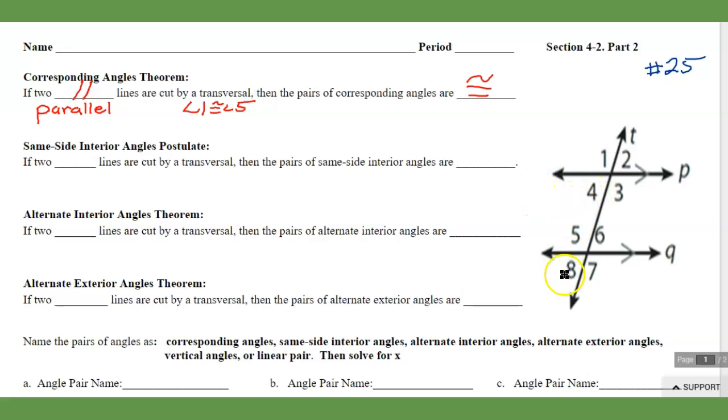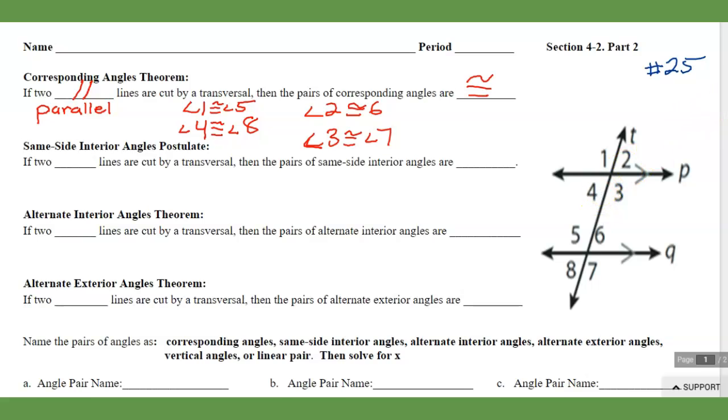Right? 4 and 8. Right? We have 2 and 6. And then we have what's left? 3 and angle 7. Okay. So those are corresponding angles, always congruent.